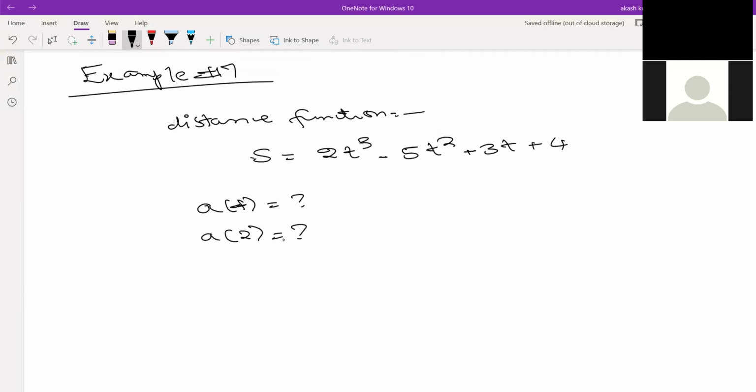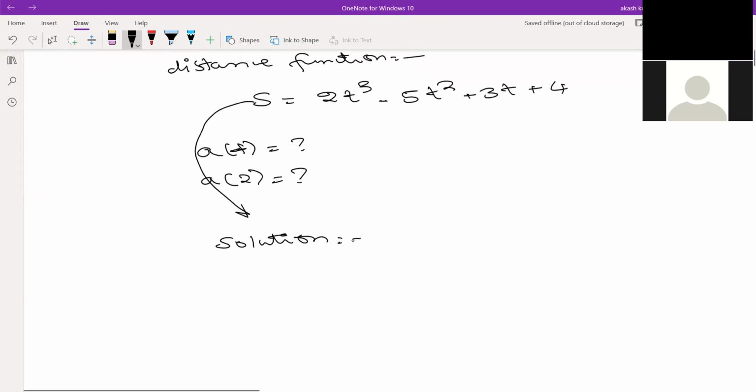Using the distance function, we first have to calculate the velocity, and then we can calculate the acceleration. You have to memorize this: when we differentiate the distance function, ds over dt, it yields the velocity function. When we differentiate the velocity function, it gives us the acceleration function.